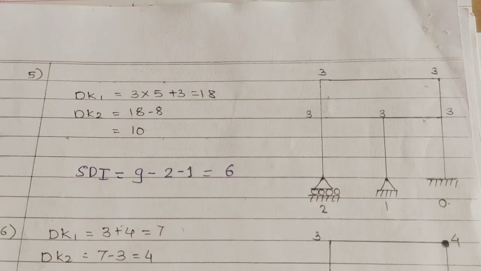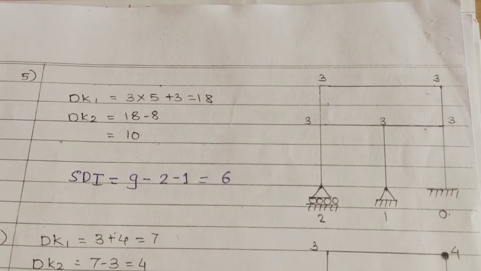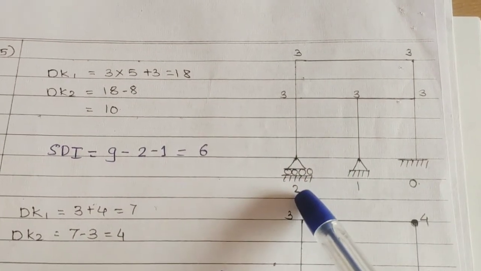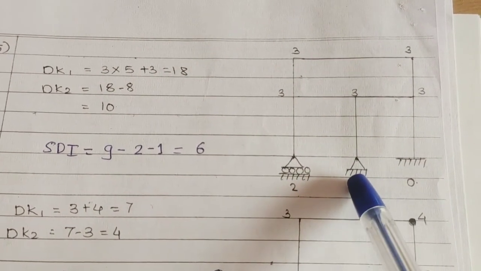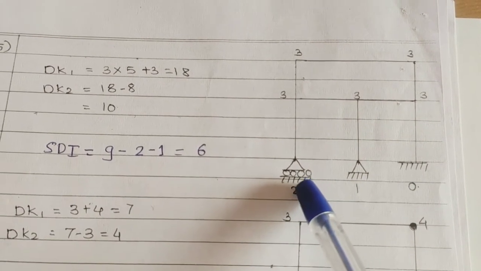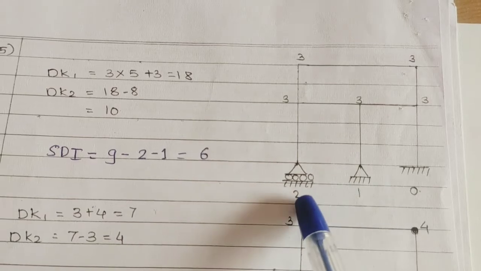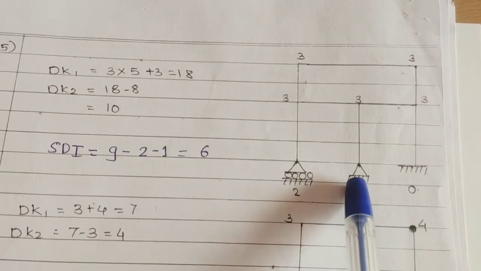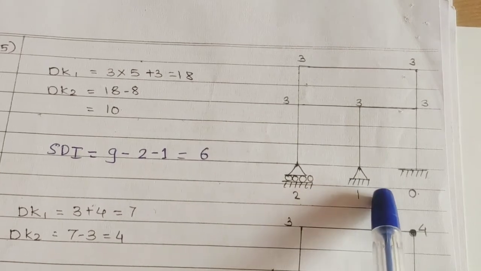Then here is the next example. In this example, first support is roller support, second that is hinge support, and third one that is fixed support. You have to count the degree of freedom for these supports, that is 2 plus 1 plus 0. That is for support degree of freedom is 3.